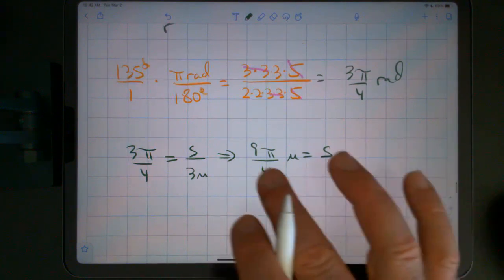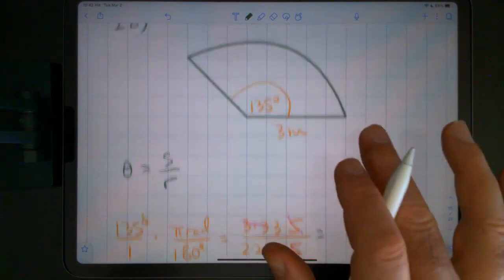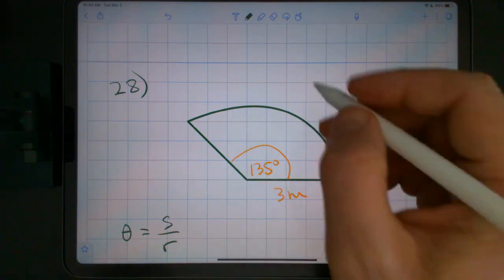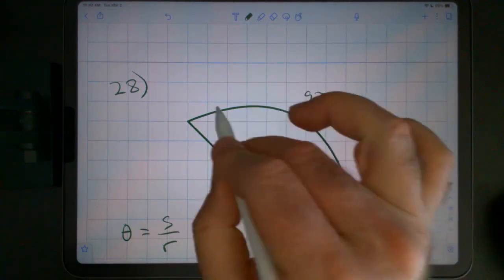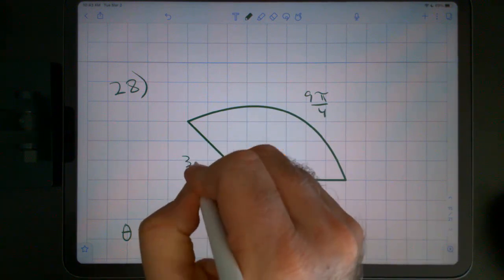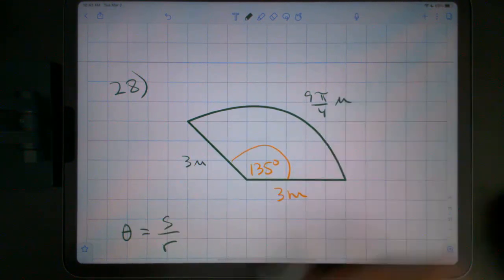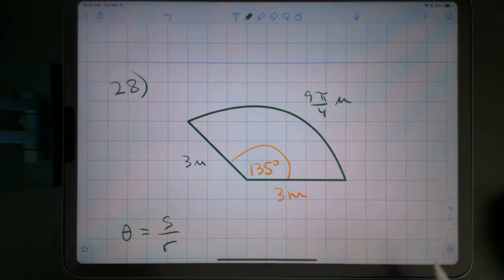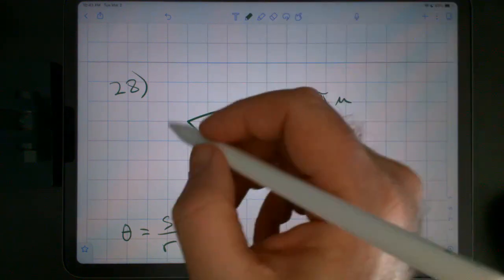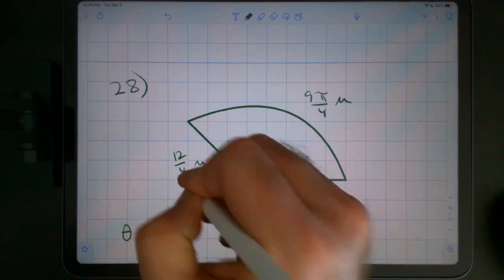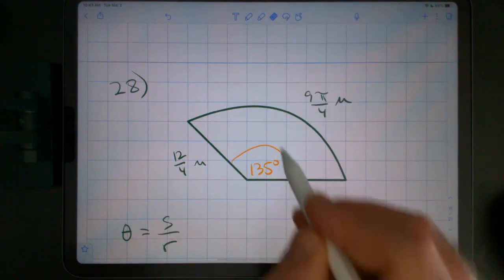So since that's our arc length, 9 pi over 4, the perimeter is the distance around. So we're going to have 9 pi over 4 plus 3 plus 3. So since I'm adding fractions, let's do this as 12 over 4.